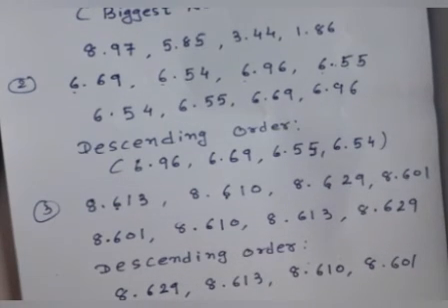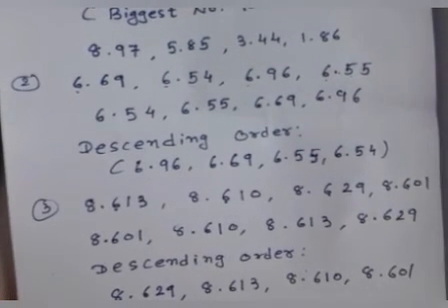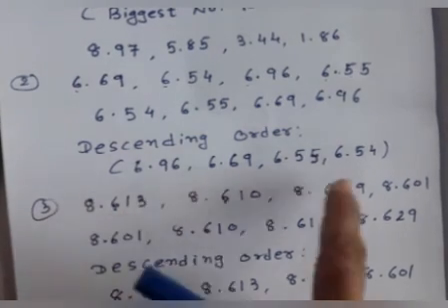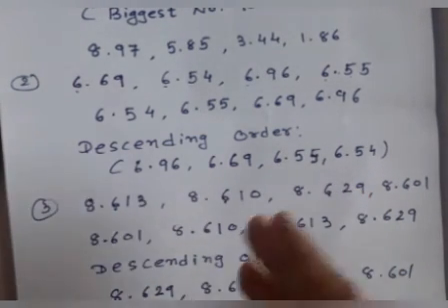Like this manner you can write ascending and descending order. What is the main thing? While you are arranging decimal numbers in ascending and descending order, first see and compare the value on the left side of the decimal point, and if the numbers are the same, then check the tens value.